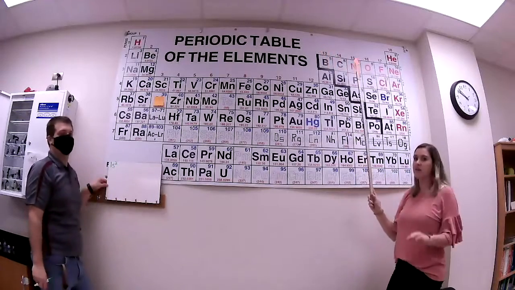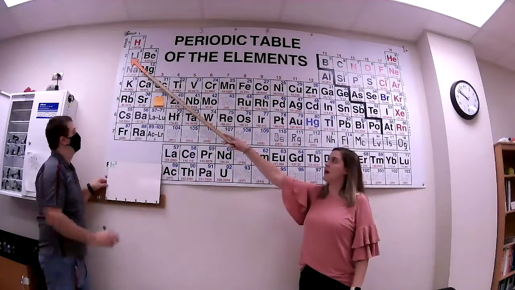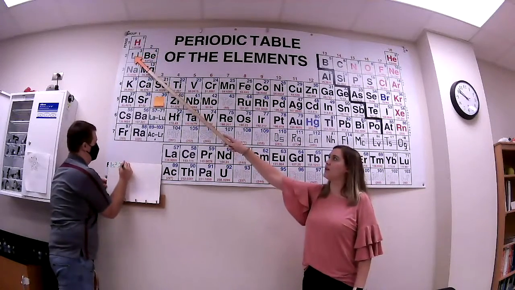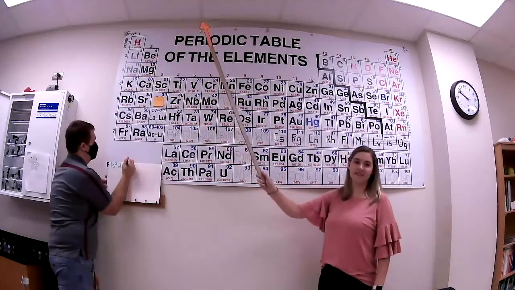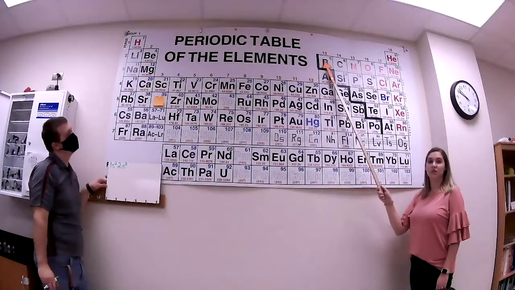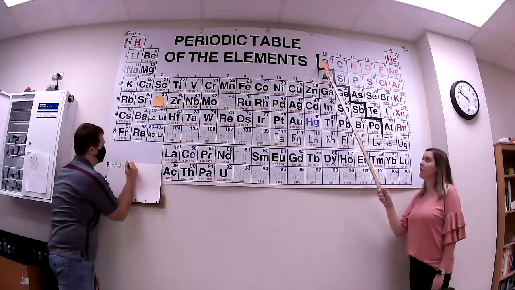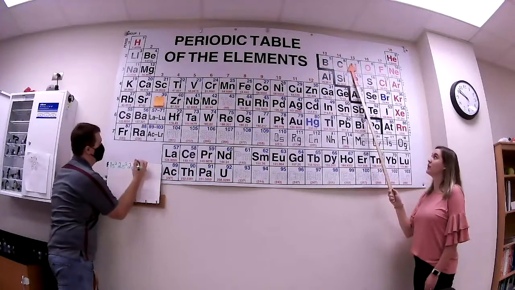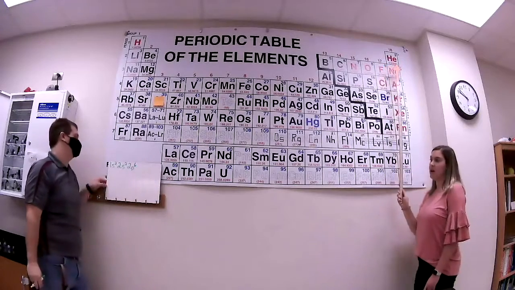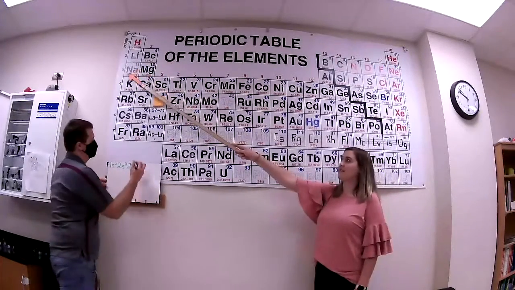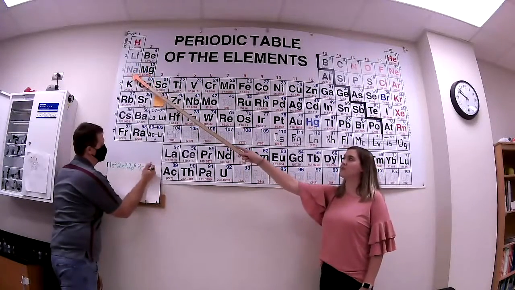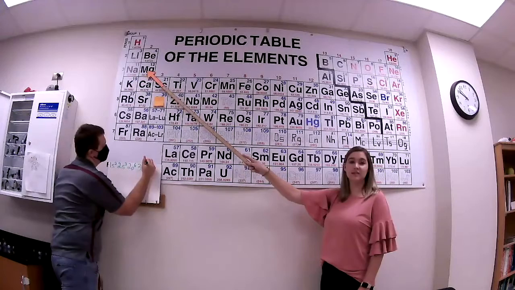All right, now we've finished the first row. So now 2 S sublevel, we cross 1, 2 boxes. Keep moving across that sublevel. 2 P sublevel, and we cross 1, 2, 3, 4, 5, 6 boxes here. 3 S sublevel, we cross 1, 2 boxes, so 3s2.